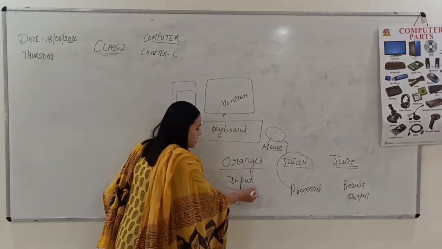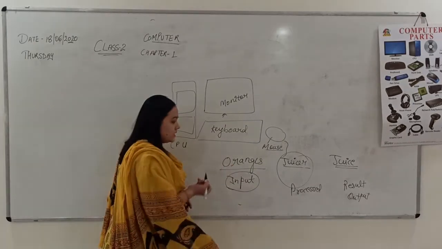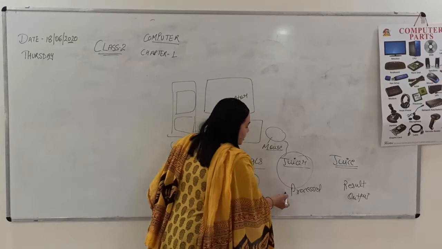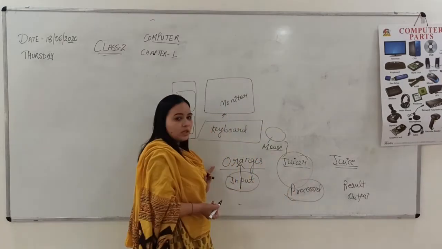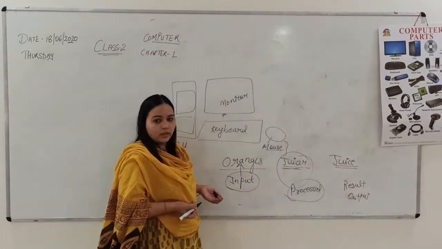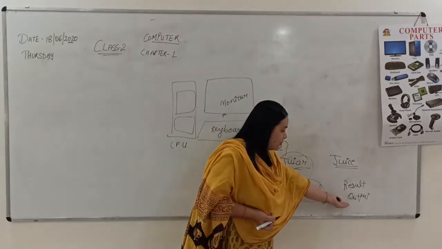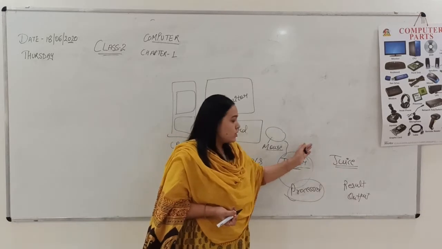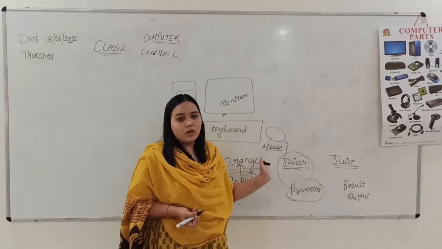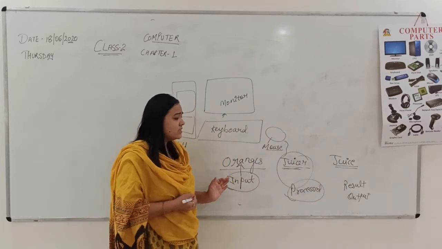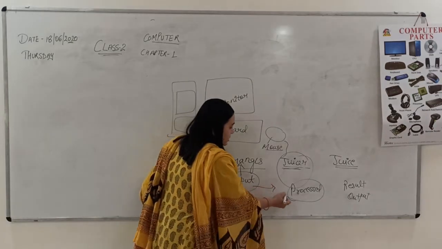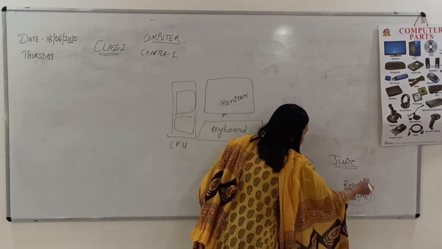You need to give it some input, and in this case the input are the oranges, and then you need to process that input. So in this case the processor is the juicer, and then you need an output after processing the input. So that output is the orange juice. So this is how a computer works. A very simple working process and cycle of the computer: input, process, and then output.